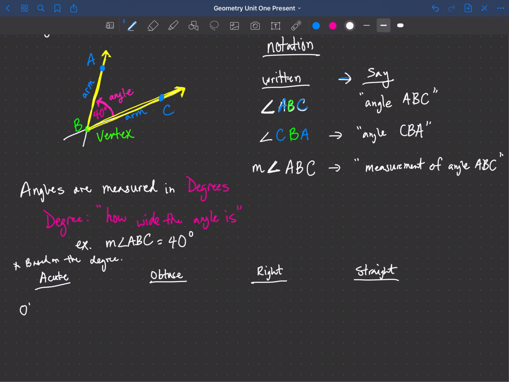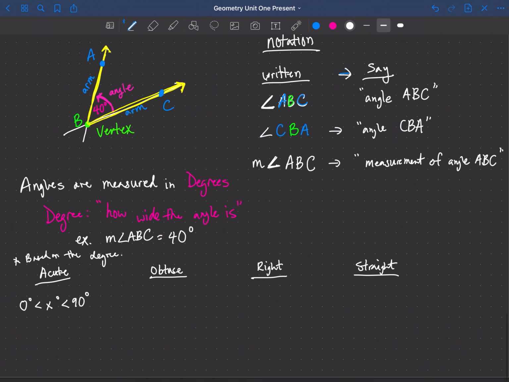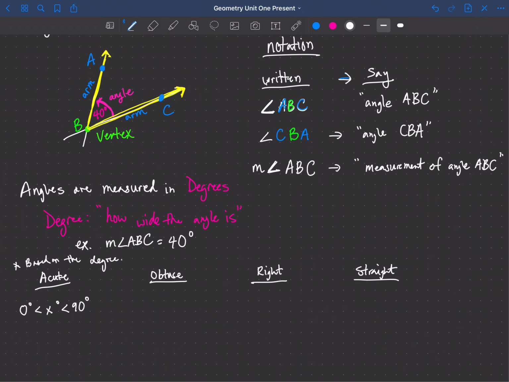All of these are based on the measurements, the degrees.